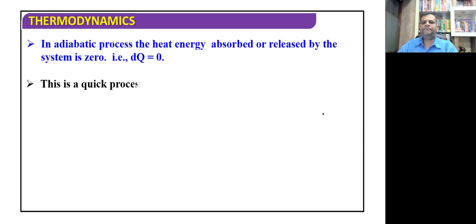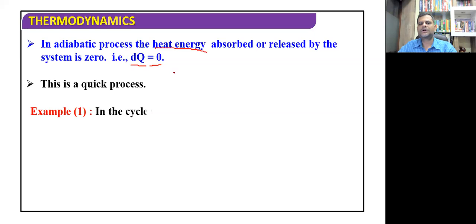Now remember this adiabatic process. In an adiabatic process, heat energy is neither absorbed nor released, and that's why, since heat absorption takes some time, here heat is not absorbed.